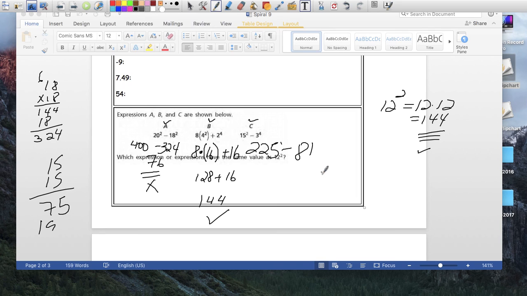Does that equal 144? Well, let's see. 225 minus 81. We have a 4 for sure. Borrow. 12 minus 8 is 4. And the one remaining, bring down. Okay, look at that. C also has a value of 144. So B and C in this case have the same value as 12 squared.